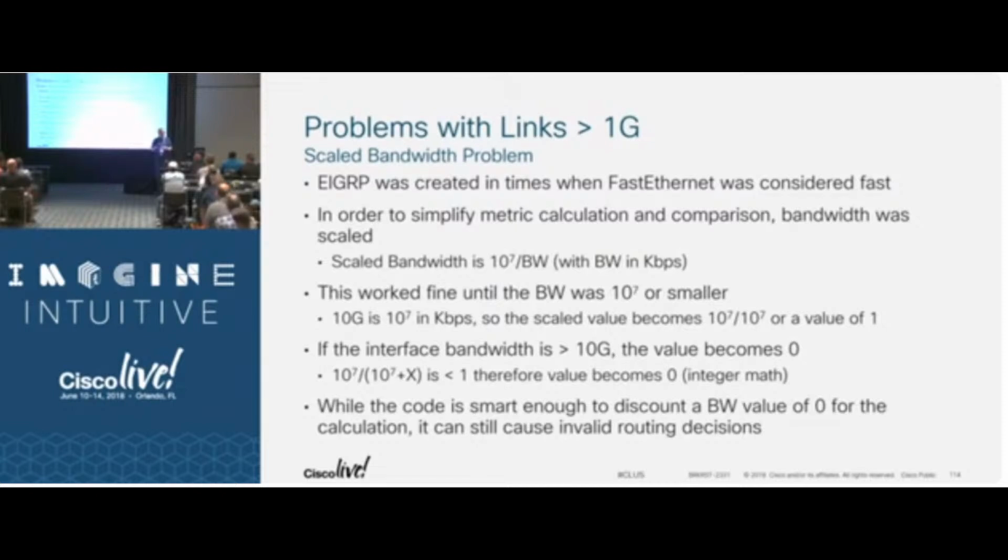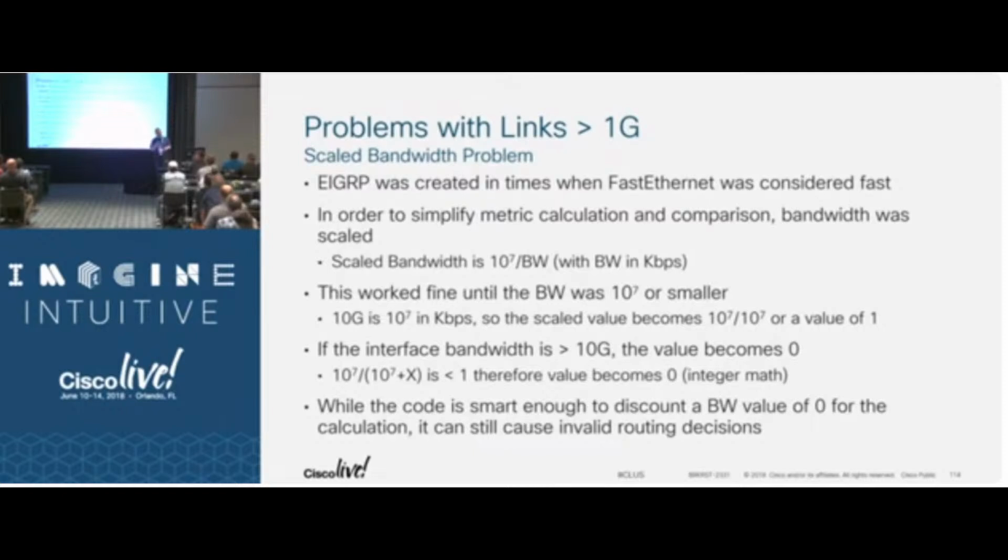Because we do just integer math, round-off errors would eventually accumulate. Also, because the constant is 10 to the power of 7, 10 million, that was the maximum speed that we could actually differentiate in EIGRP: 10 gigabit. For all faster interfaces, the bandwidth component doesn't make any change, because we cannot put 0 there, but we cannot do fractions either.